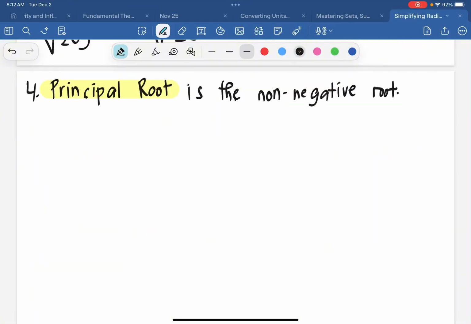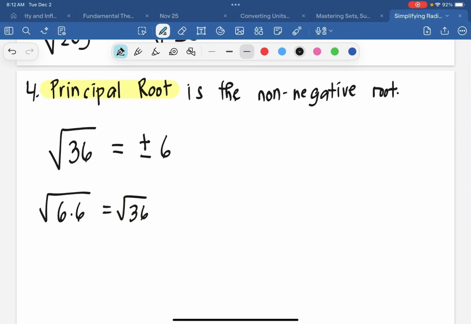Next, we have the principal root, which is the non-negative root. For example, if we have the square root of 36, in the world of integers, we know that the answers for this are positive and negative 6, because 6 times 6 is equal to 36, and at the same time, negative 6 times negative 6 is also 36.